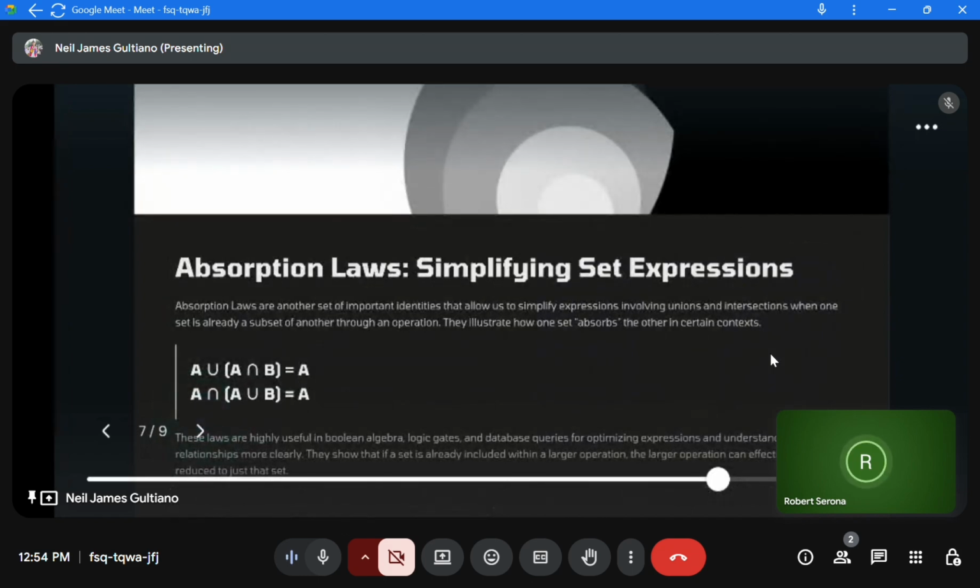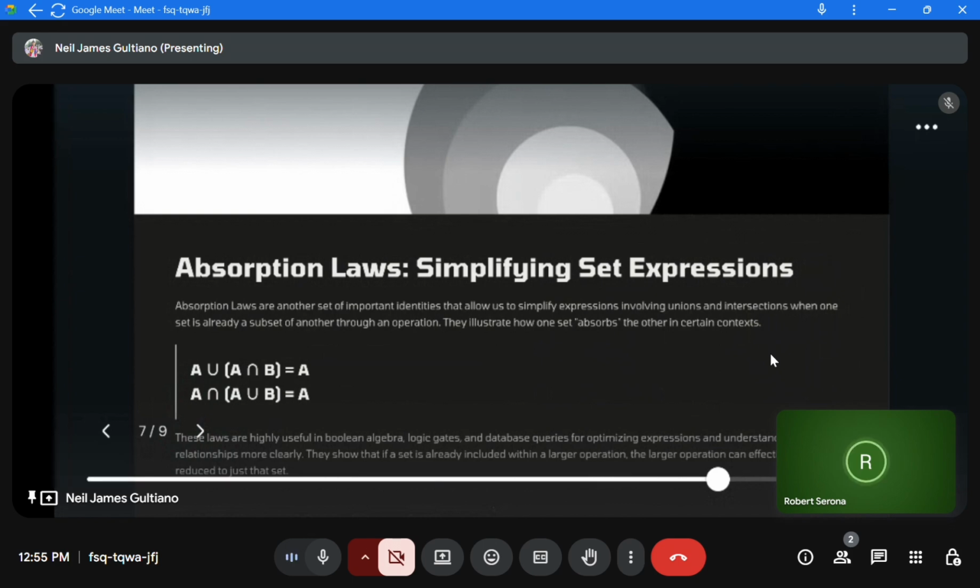Now let us proceed to the absorption laws, which help simplify expressions involving sets. These are two absorption identities. The first one is A union the set of A intersect B equals A, and A intersect the set of A union B equals A. These laws tell us that when a set is already included in a larger expression, that larger expression simplifies back to the original set.